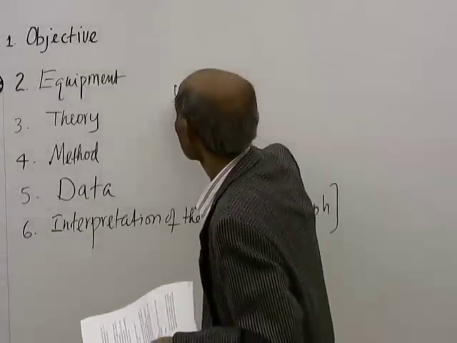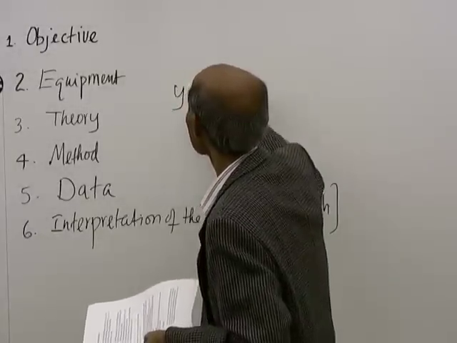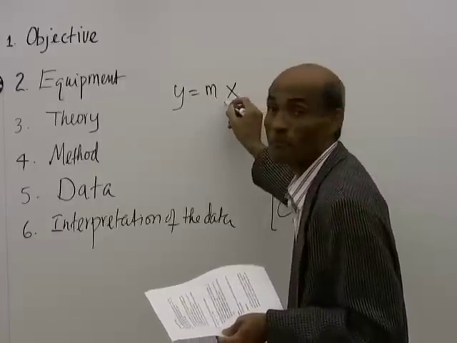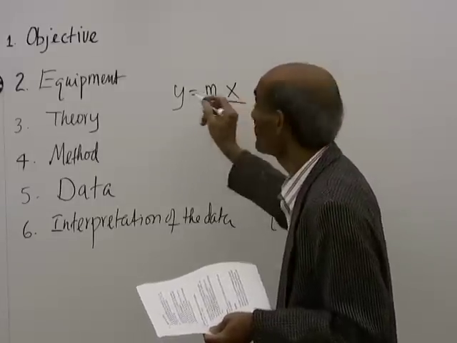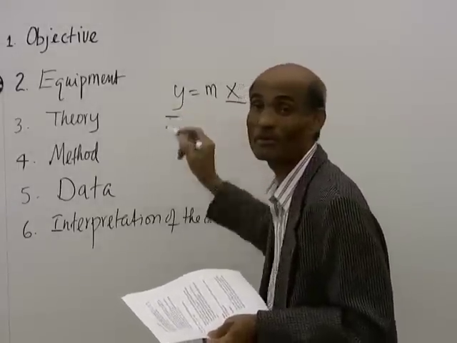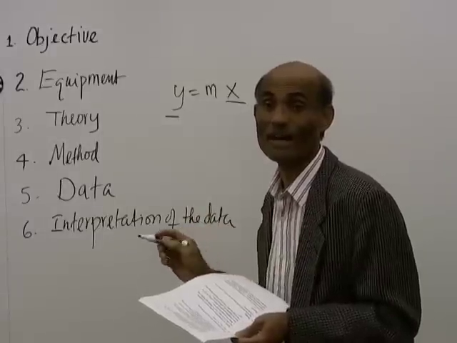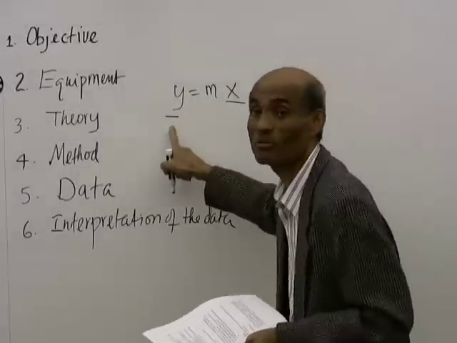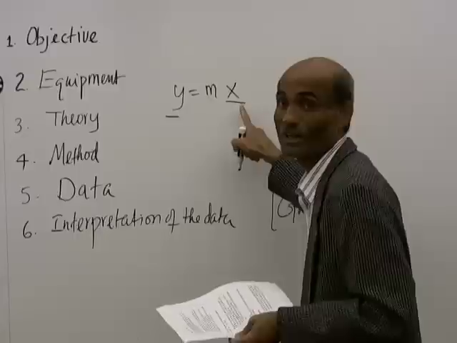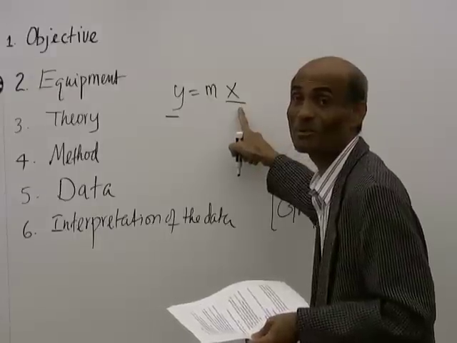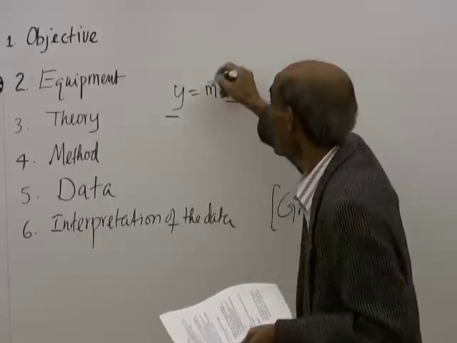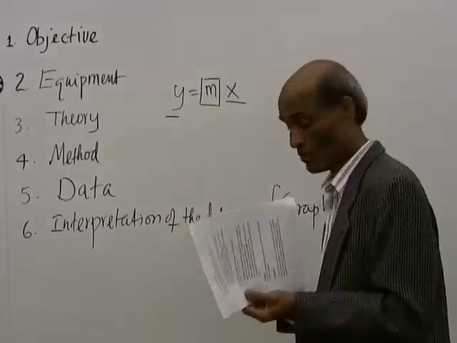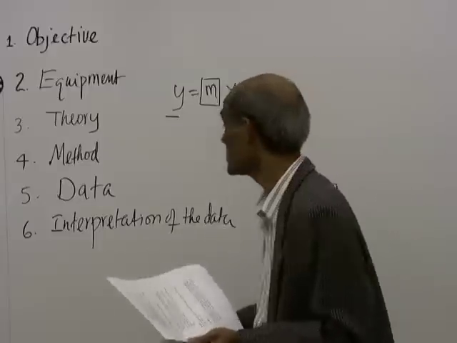So, once you write the equation in the form y equal to mx, then your independent variable will be x and your dependent variable will be y, and you draw a graph of the dependent variable on the y-axis and the independent variable on the x-axis and measure its slope, and that is what is under interpretation.